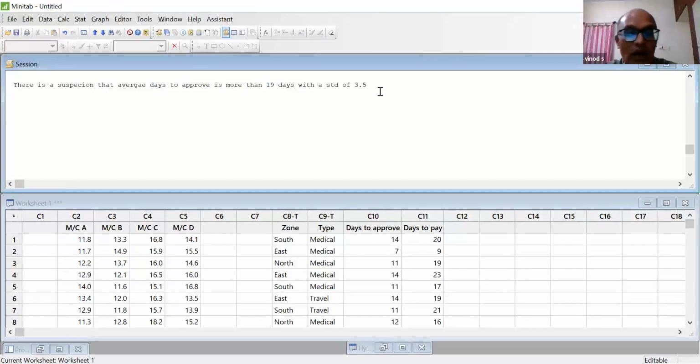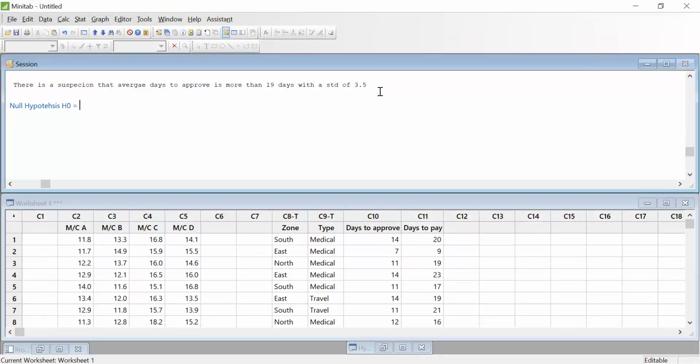Whenever you are doing hypothesis testing, as we were discussing till now, first there should be a null hypothesis. It is also called H0. So what should be H0 here?